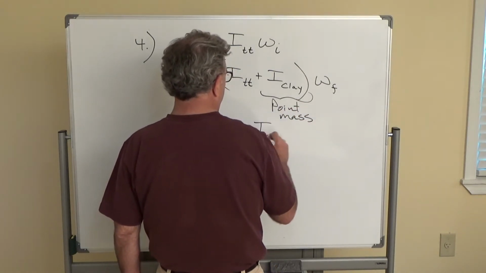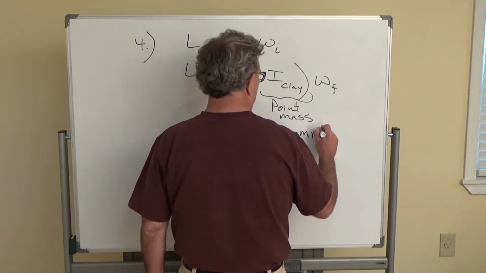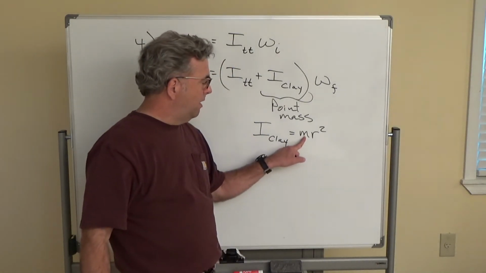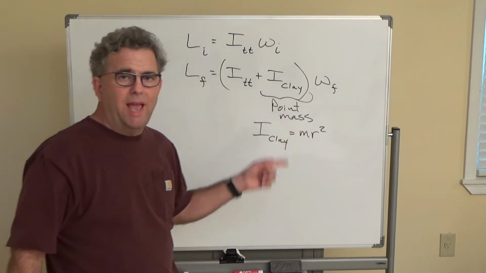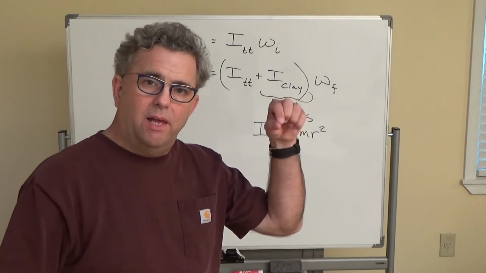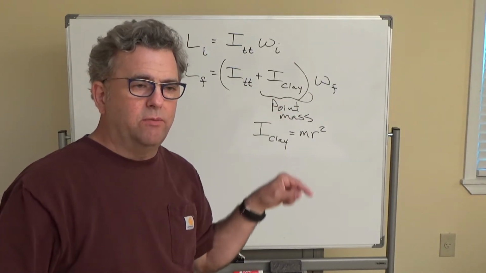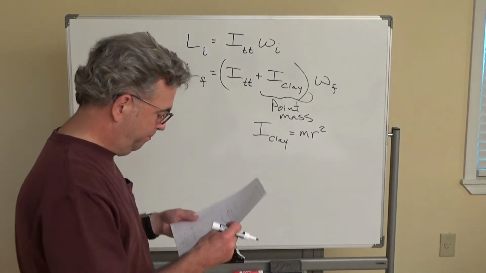So I of the clay is going to be m little r squared. That's the mass of the clay, and that's the distance squared from the axis of rotation. That clay was dropped in a little bit closer to the axis of rotation than the edge of the turntable.